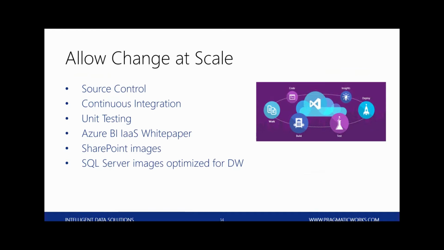It allows you to more flexibly move from dev to test to production, as well as capture errors and roll back errors, should you run into these issues. You can comment. There's so many different things that you can do with a source control system that I just don't see a lot of companies taking advantage of.